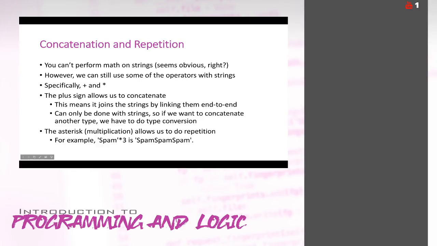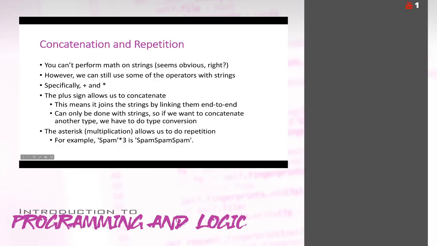And so what this means is that we're joining strings by linking them end to end. And so we can only do this with strings. So if we want to concatenate something that's another type, like if we have a value that we've been doing math on that we want to bring into this string, we do have to do type conversion on it. And we'll do that in our demonstration when we get there.